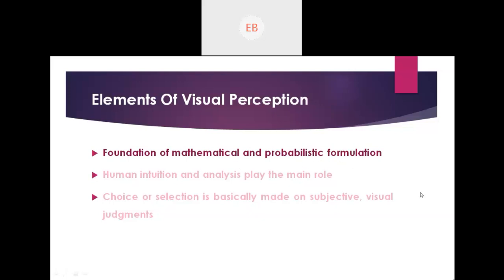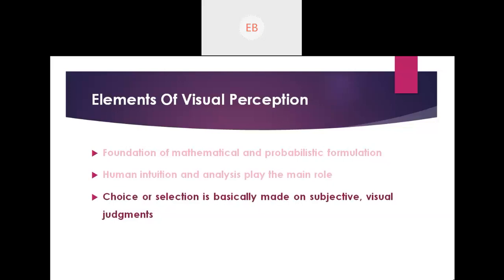But human intuition, that is us, and analysis play a very important role in making the selection between the various techniques that are available. And the choices or selection that we make are basically made on subjective and visual judgments. Okay. So this is the concept of elements of visual perception.